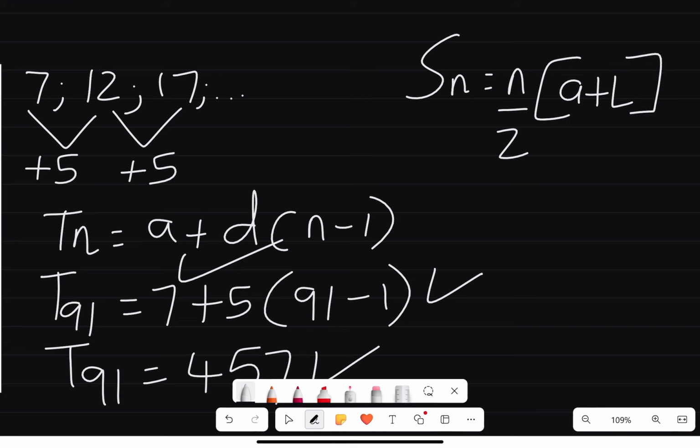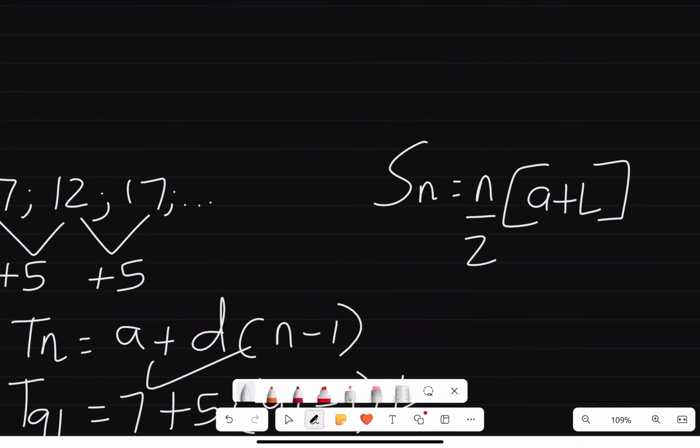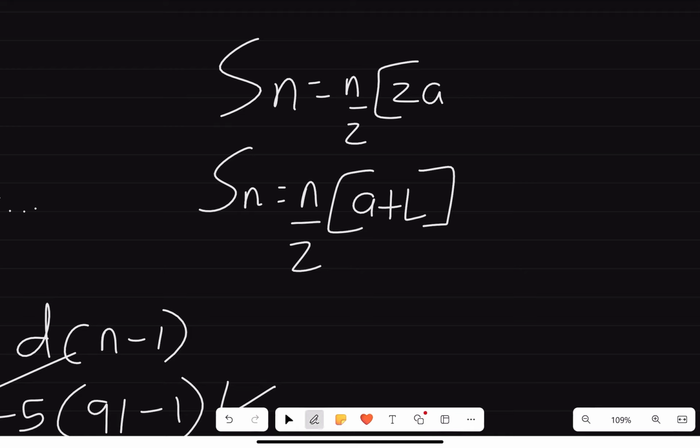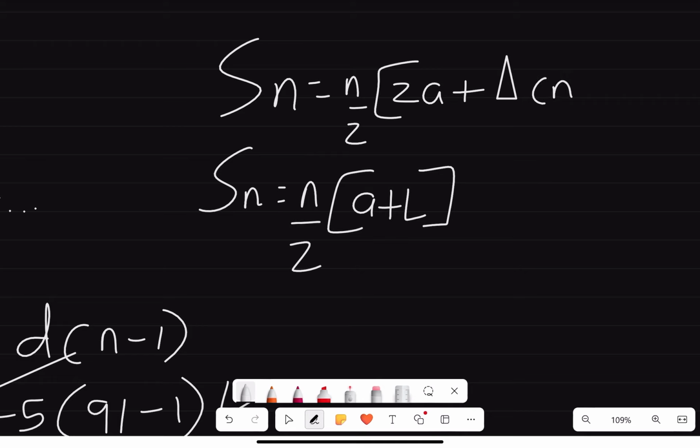You can use this formula, or you can use the normal one, which is Sn equals n over 2 into bracket 2a plus d into bracket n minus 1.